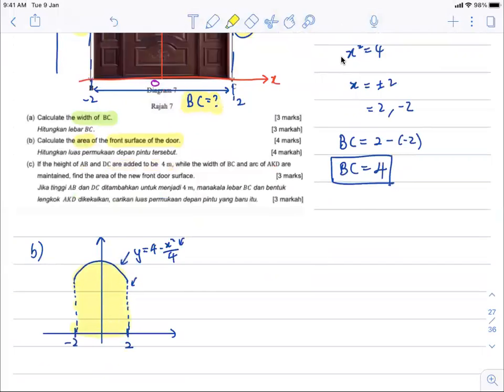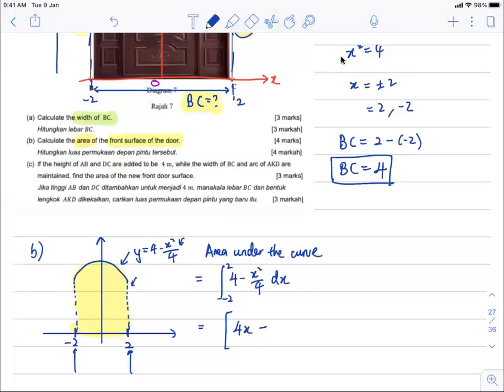Okay, so recognize that this problem can be solved by using integration, because we want to find the area under the curve. It will be the integral of 4 minus x squared over 4 dx, and the limits will be negative 2 and 2. Integrate this: 4x minus x cubed over 12, with limits negative 2 to 2.